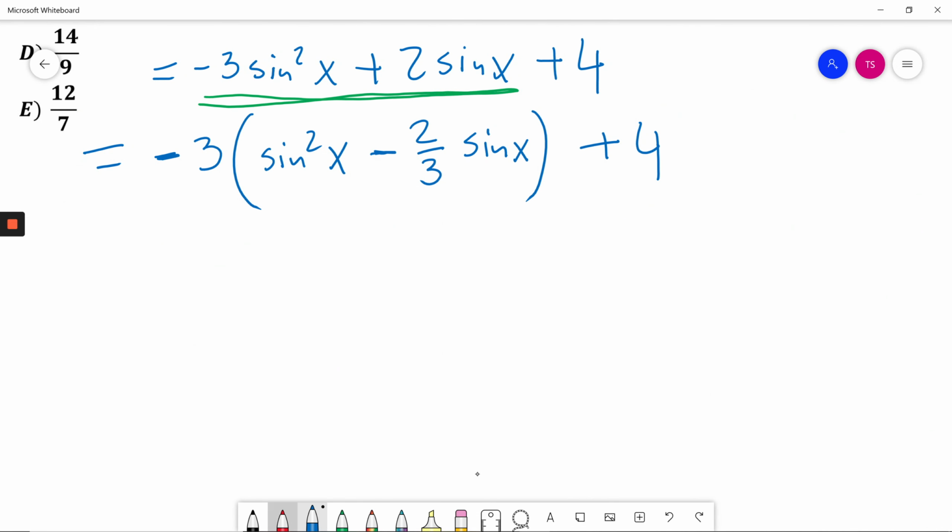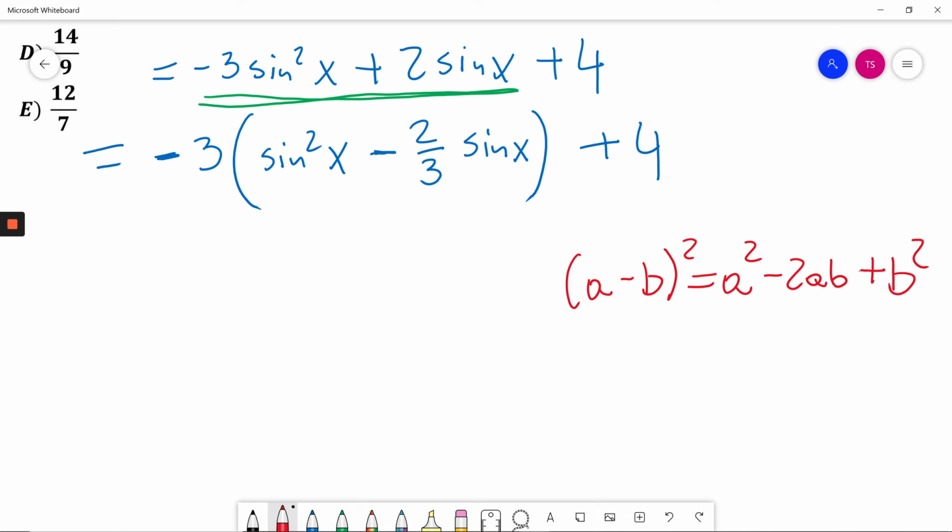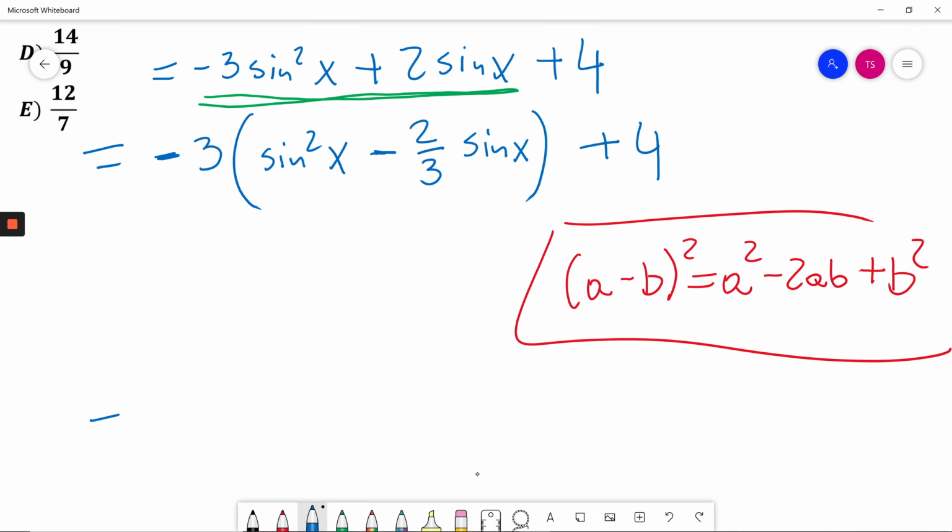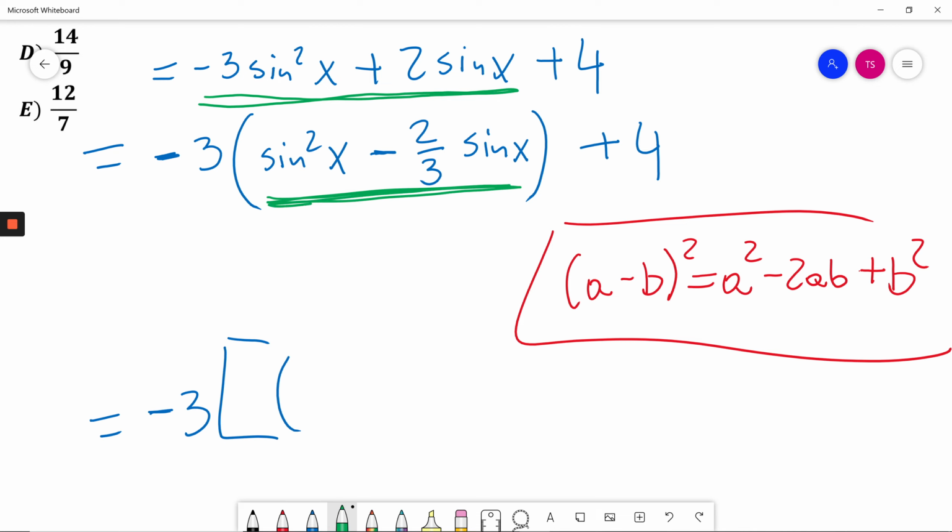At this moment I will use the formula. I know that a minus b squared is equal to a squared minus 2ab plus b squared. I will use that formula for those two terms.